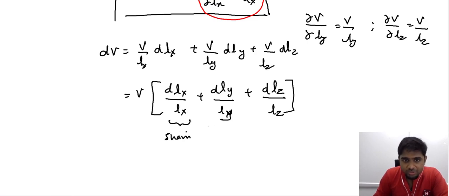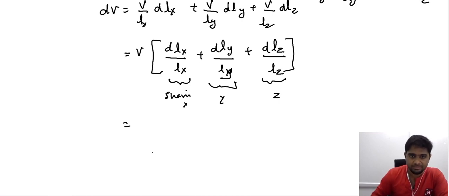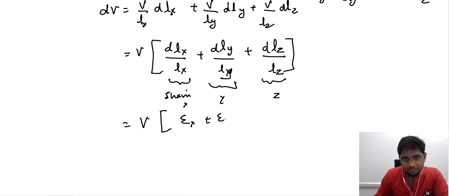So all these ratios indicate strain along the corresponding direction of x, y and z, and therefore we can rewrite this expression. So this is now dV as V times epsilon x plus epsilon y plus epsilon z.